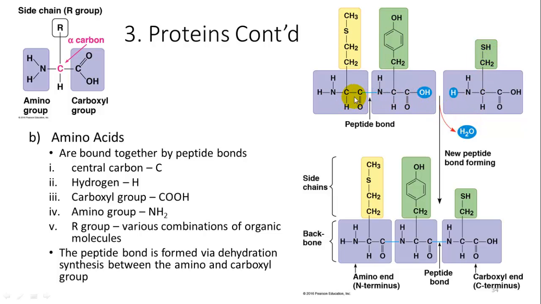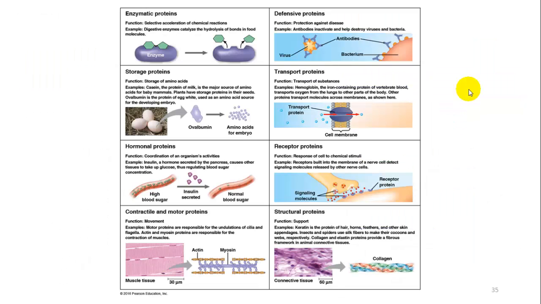The peptide bond is already formed between the one with the yellow R group and the large green R group, and then a new one is formed between the big R group and the little R group one. Okay, but that is formed between the carboxyl group of one end and the amino group of the other. All right, so then this is just another figure showing the many different functions of proteins, which we'll probably go over in class as well.